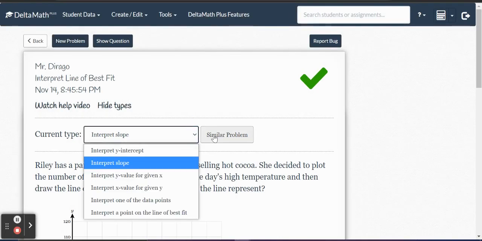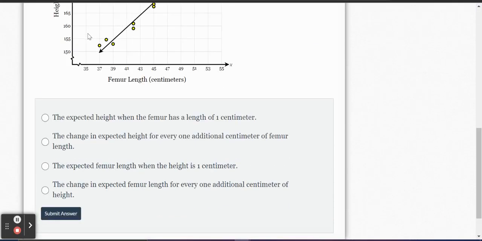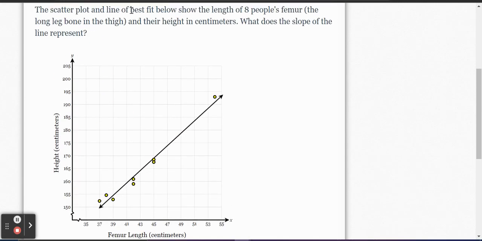Let's look at another one. Another slope problem. The scatter plot and the line of best fit show the length of 8 people's femur, the long bone of the thigh, and their height. So what is the slope? It looks like the change in the height affects the femur.